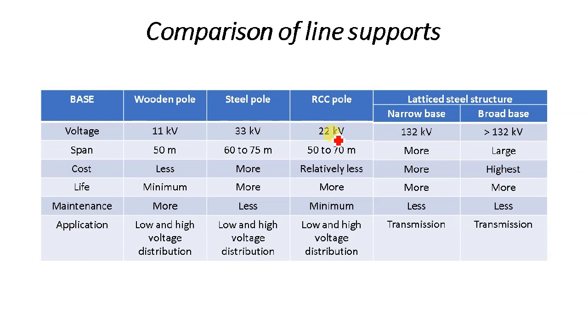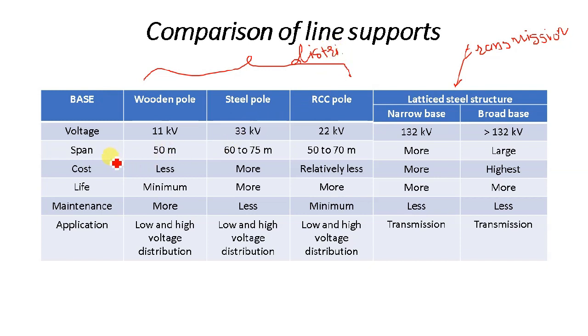In case of RCC, it will be less than 33 kV. But in case of narrow base and broad base, the voltage is higher because we are using them in transmission. So these will be used in transmission, and all the other three poles we are using in distribution.